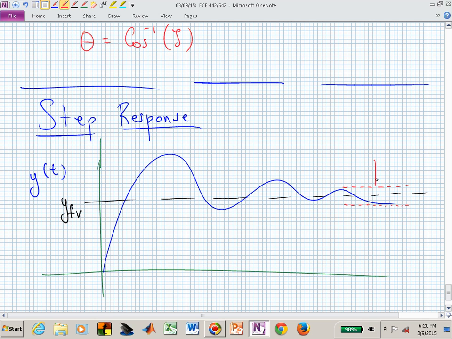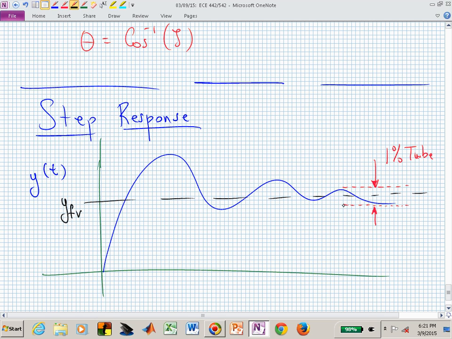We will, in this class, worry about when that particular step response gets inside and never leaves a 1% tube, meaning we look at our final value and we take 1% of that and go up and down 1% around that final value, and we say, at what time does that blue line, our step response, get into that 1% tube and stay there?